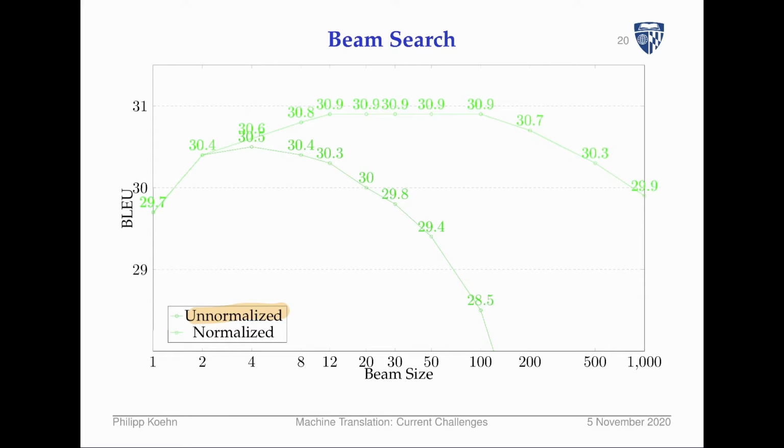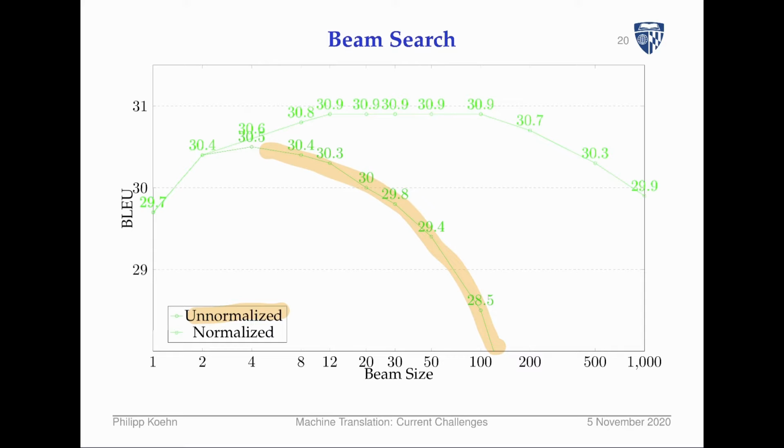However, this measure prefers sentences that are short simply because fewer numbers are multiplied to each other. And this is especially bad if you open a wide beam, then more and more shorter sentences are being produced and they get preferred, and that gives you worse translation performance.